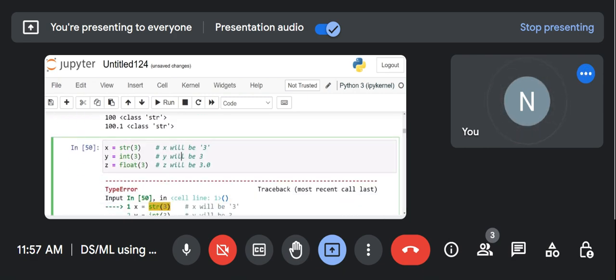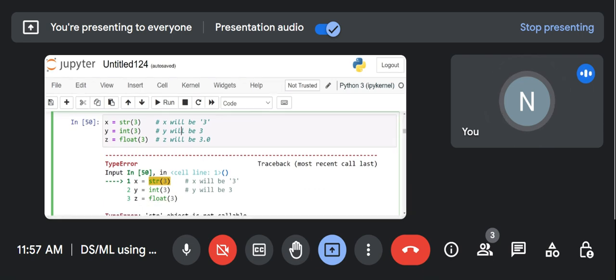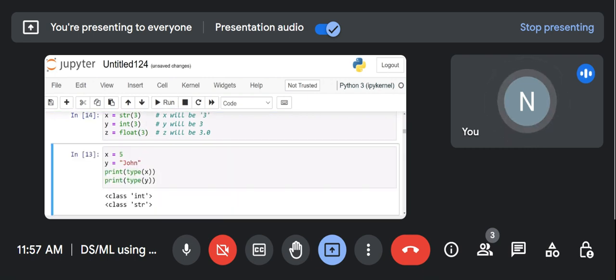Okay, now x, y, and z, again these three variables. If I write x equal to str 3, x will be of string value 3. If I write y equal to int 3, y will have integer 3, and if I write z equal to float 3, z will have float 3. If I run this code, nothing will happen, no error will come.